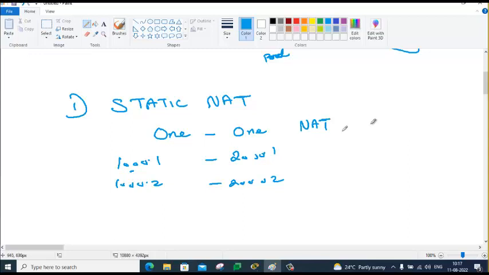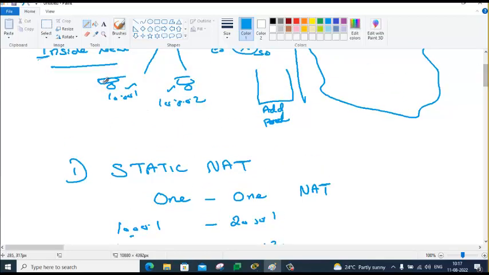In this, if someone wants to talk to this computer A from outside, what address will they send the packet to? Someone is outside, he's in public. If he wants to send traffic to A, what address will he use as a destination?